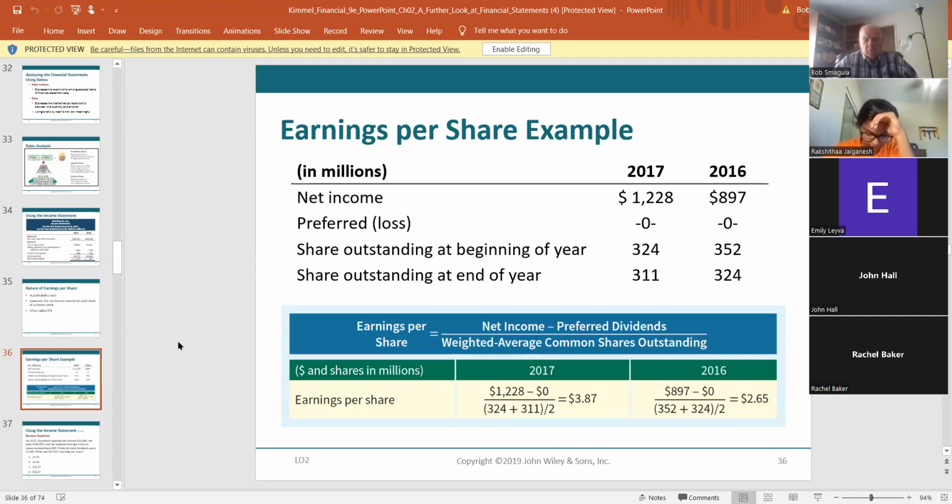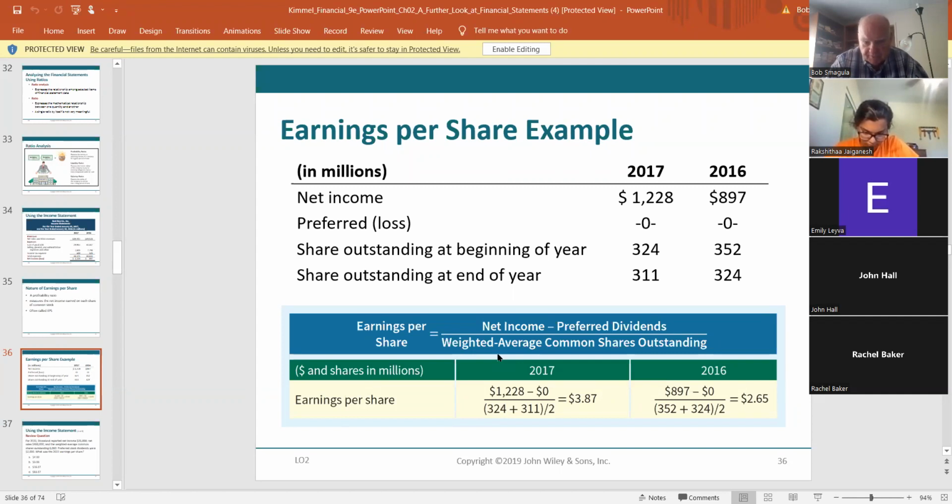Now, what's our little formula? Earnings per share equals net income divided by the average shares outstanding. Net income, which they're giving you here, 1228, divided by the common shares outstanding. The way you get that number is you take the number of shares outstanding at the beginning of the year plus the shares at the end of the year, divided by 2.